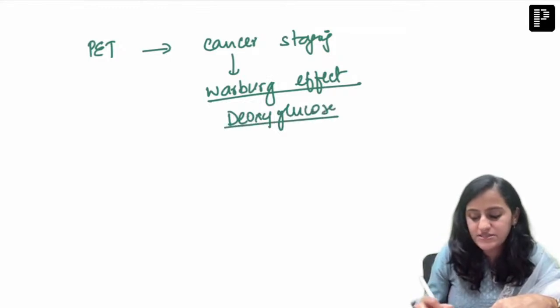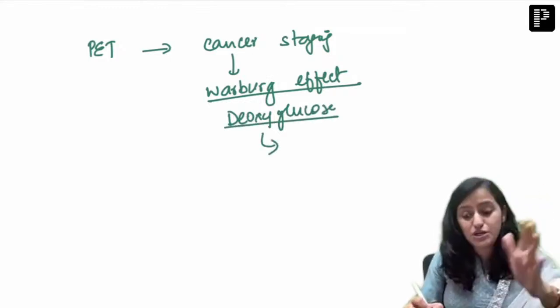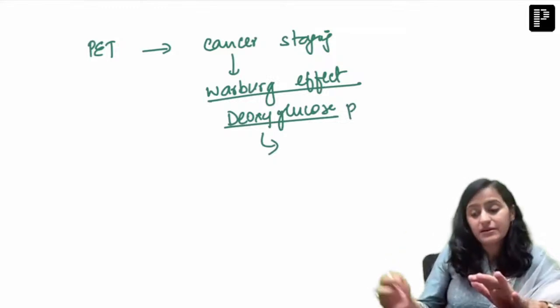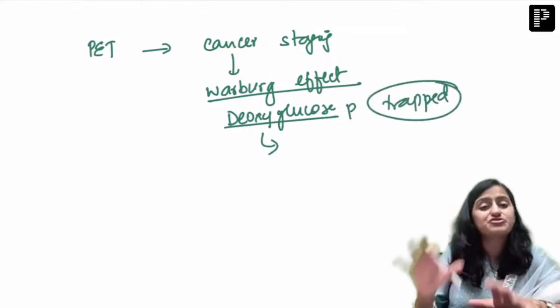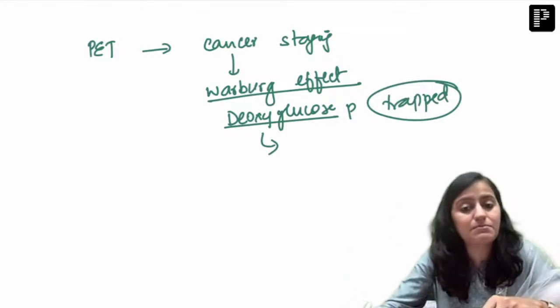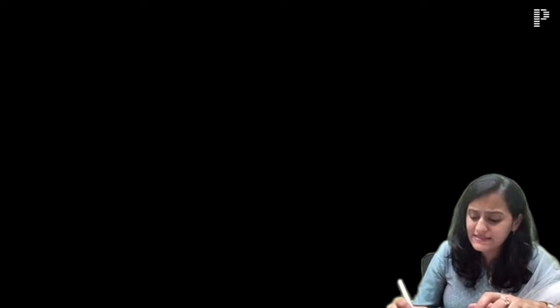deoxyglucose. Why deoxyglucose? Because when deoxyglucose gets converted to deoxyglucose phosphate, it gets trapped and does not get metabolized further. So it gets trapped in the cells and it will be picked up by the detector. So remember that the most common ligand used here is deoxyglucose. FDG PET is the most common here. So the ligand is DG.